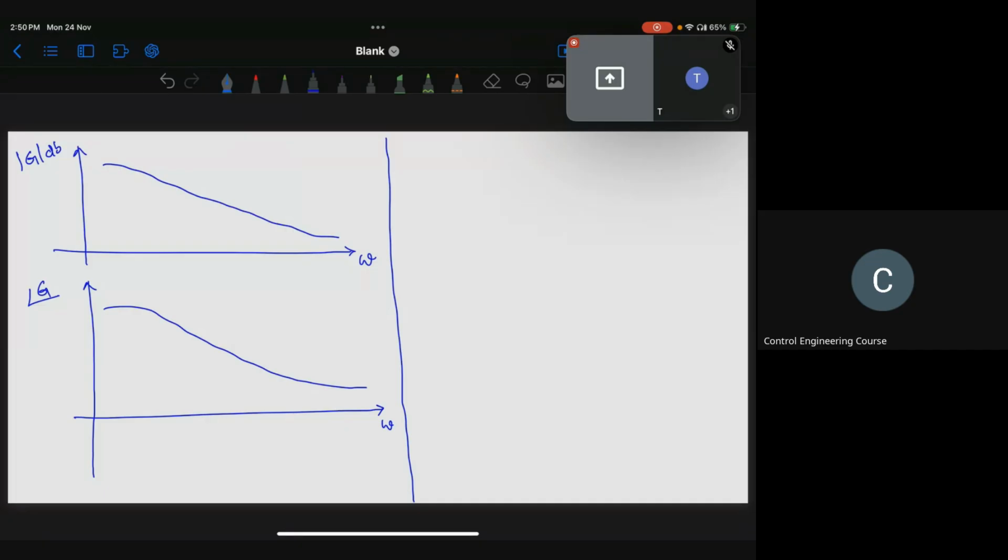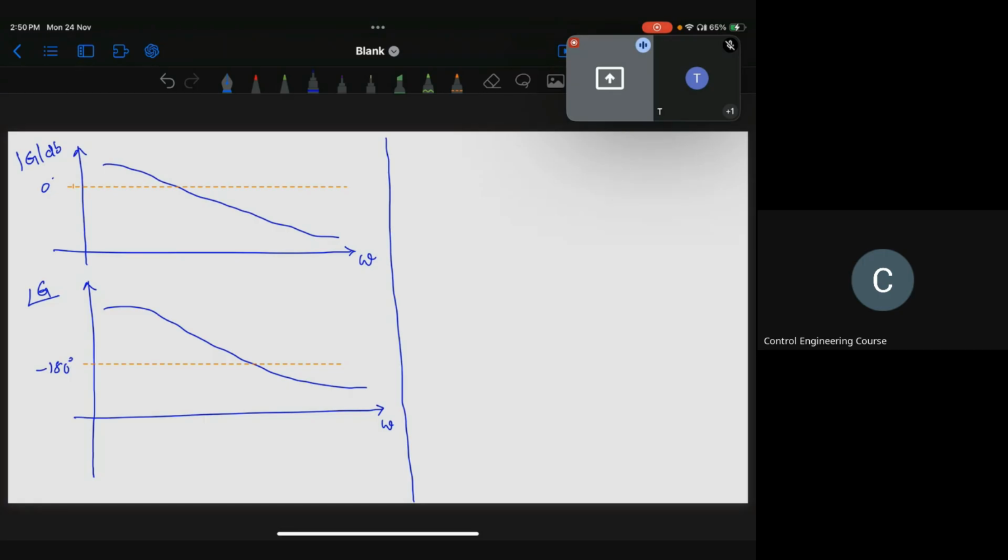Here we check where we have the zero magnitude line, and in the phase plot we check the minus 180 degree line. Here it is zero magnitude, and here minus 180.